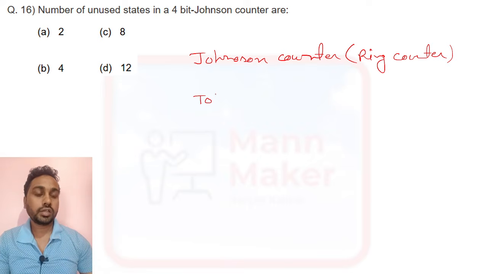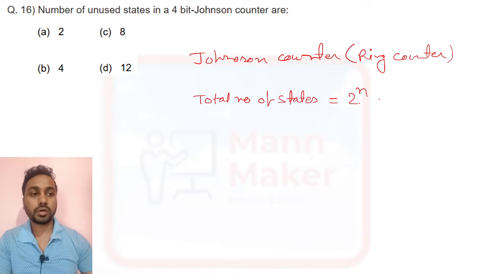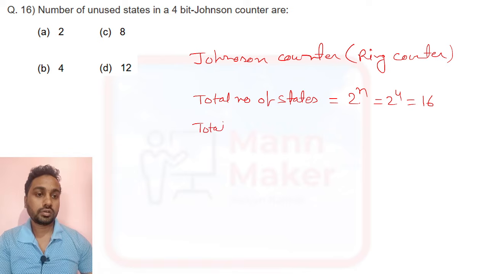If you calculate the total number of states in a counter, that will be 2 to the power n. Here n is what? They are asking for 4 bits. So 2 to the power 4 is equal to what? 16.